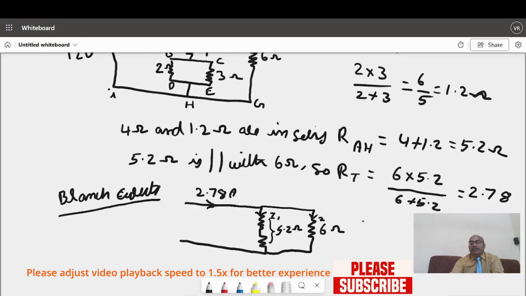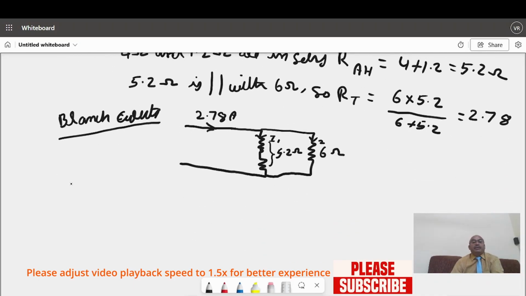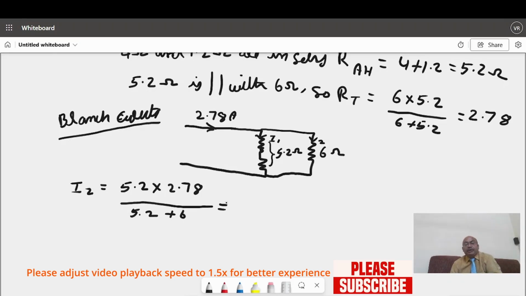So I2 is equal to the opposite resistance 5.2 into 2.78 divided by 5.2 plus 6. Again calculation, 5.2 into 2.78 divided by 11.2, 1.29, that is equal to 1.3 ampere.